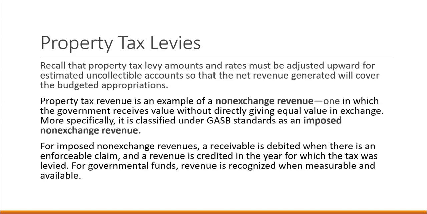For example, you can own a home in a city and pay property taxes, but not have a child going to K through 12 schools, in which case you're paying property taxes that benefit the school district, but you're not receiving any direct value from the fact that there is a funded school district.